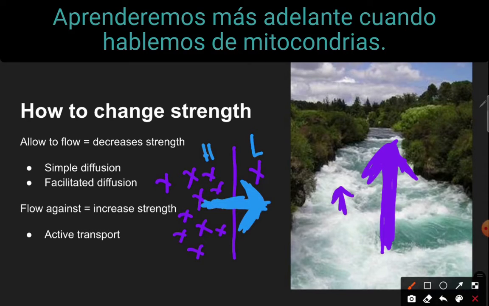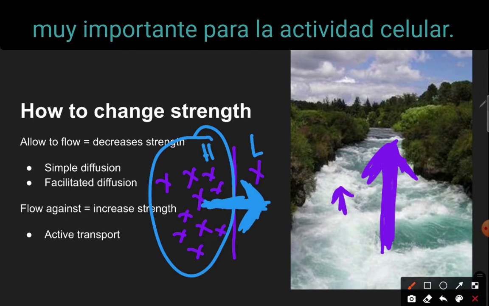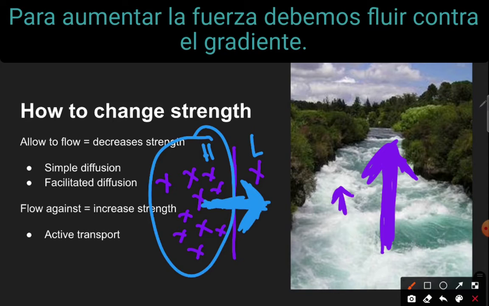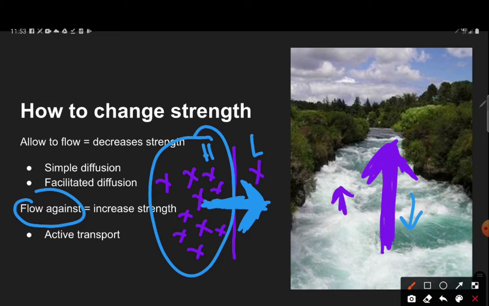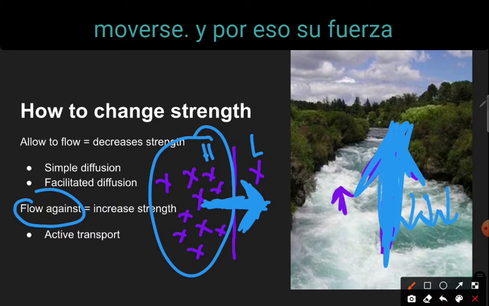We will learn later when we talk about mitochondria and how it makes ATP that storing energy in a gradient is very important for cellular activity. To increase strength, we must flow against the gradient. By flowing against the gradient, we increase its desire to move, and therefore its strength.